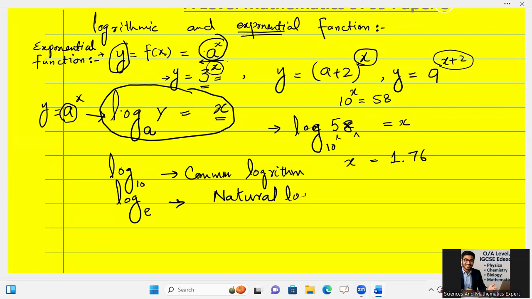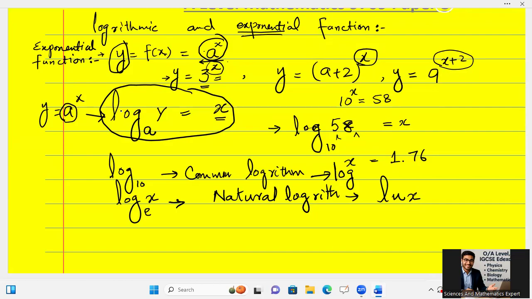The natural logarithm can also be written as ln. If it is log x to the base e, I can write ln x. If log to the base 10 is to be taken, it can also be written with only log. There is no need to write 10. If log is written, it means the hidden base is already present, which is 10.